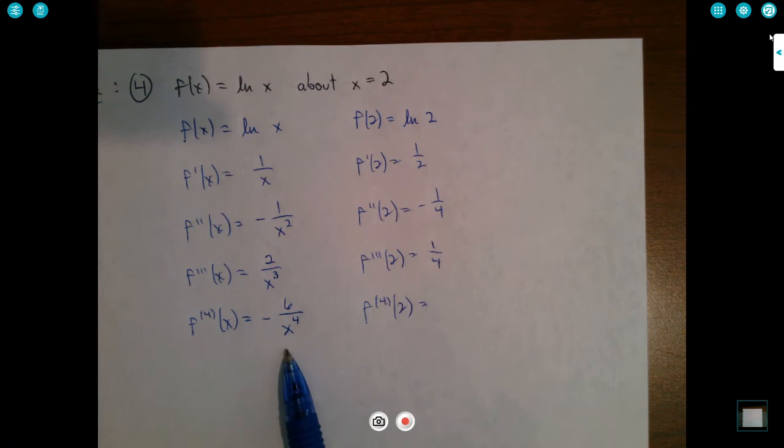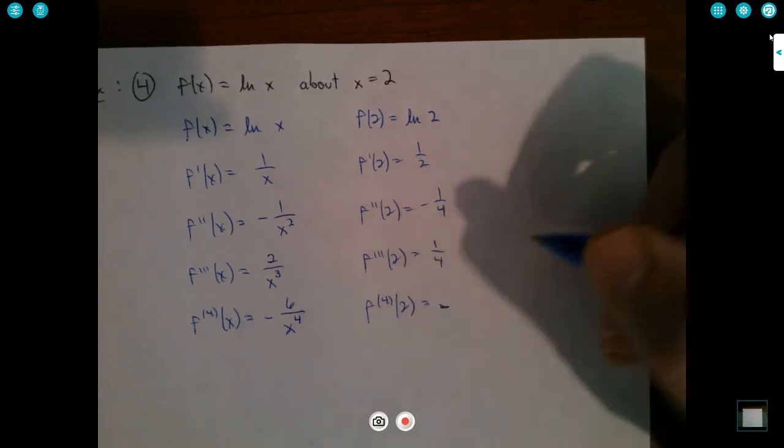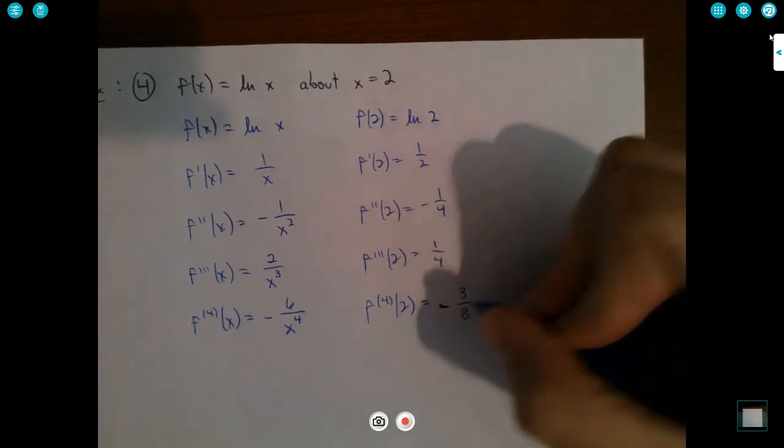And 2 to the 4th is 16. 6 over 16 will reduce to, oh, come on, I can't do math in my head anymore. 3/8.